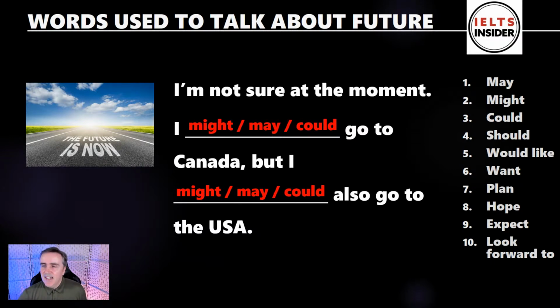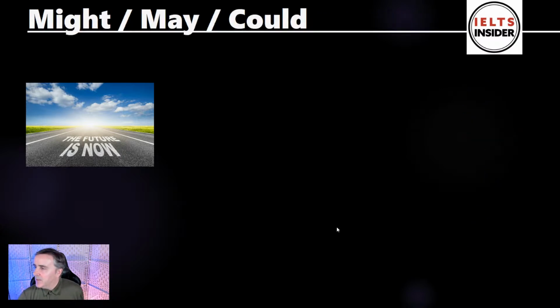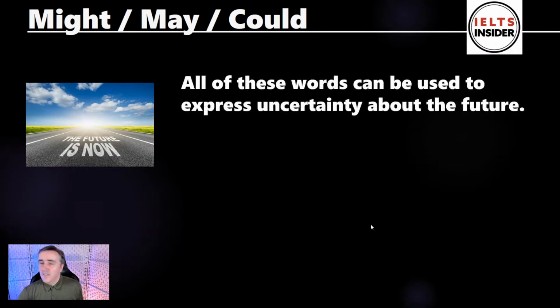So I think Layla had mentioned this earlier, and I think Mirnawati, you also mentioned this a little bit earlier. What is the difference? I can't find the comments now. Now, all three of these, when we're referring to the future, can be used interchangeably. There's no real difference in their usage, and they all express uncertainty about the future.